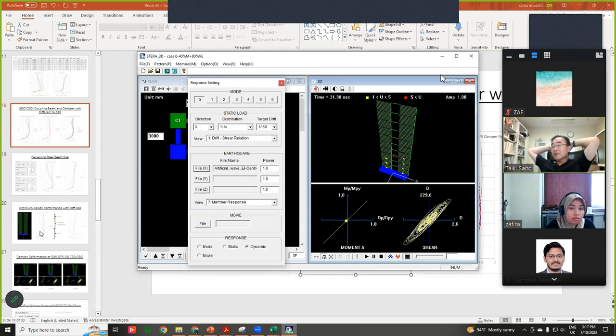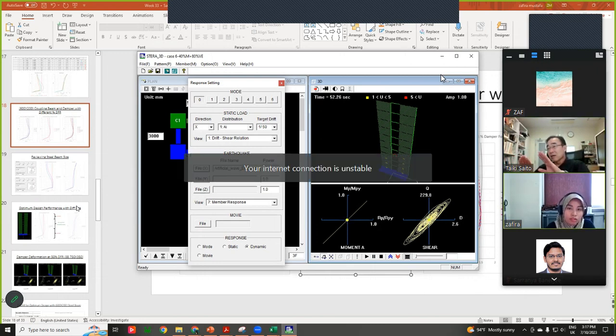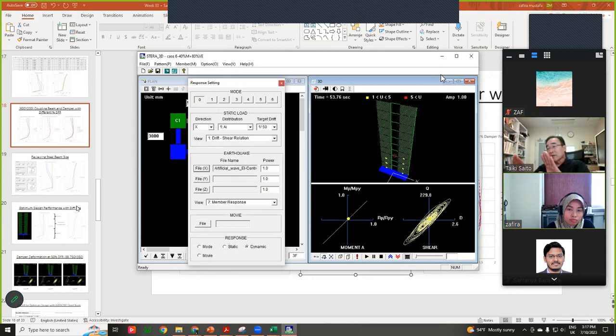Before you start the analysis, please make a story of your paper. Okay, you have a viscoelastic damper. First, you have two shear walls, coupling walls. Don't change the size of the wall.